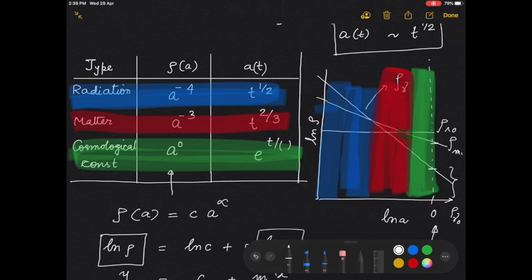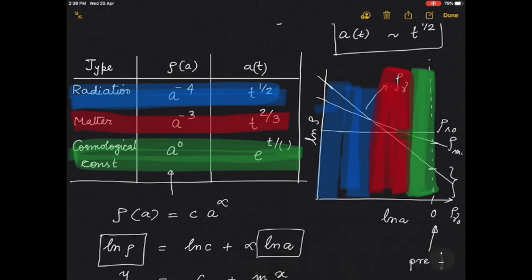Right? So you realize that though we looked at these different types of regions of the universe separately, this analysis directly tells us that the universe was dominated by different components at different times. In fact, if I follow the trajectory, initially the universe was radiation dominated, then it became matter dominated, and then eventually, right now, it is cosmological constant dominated.